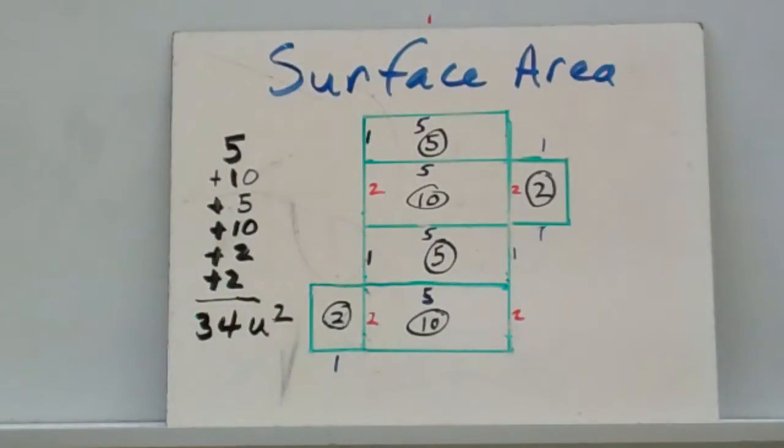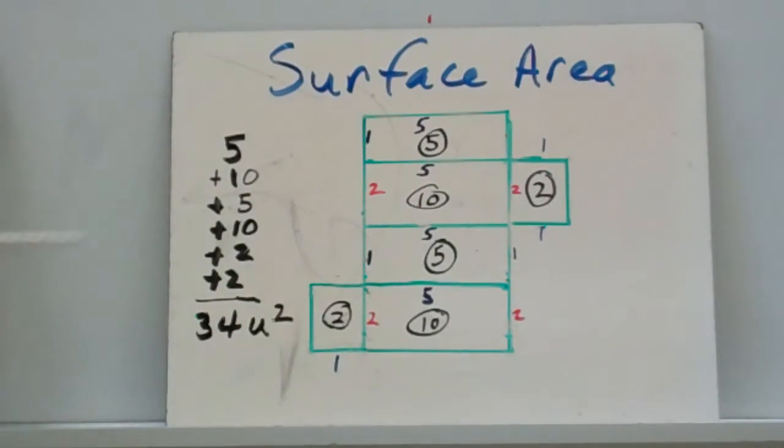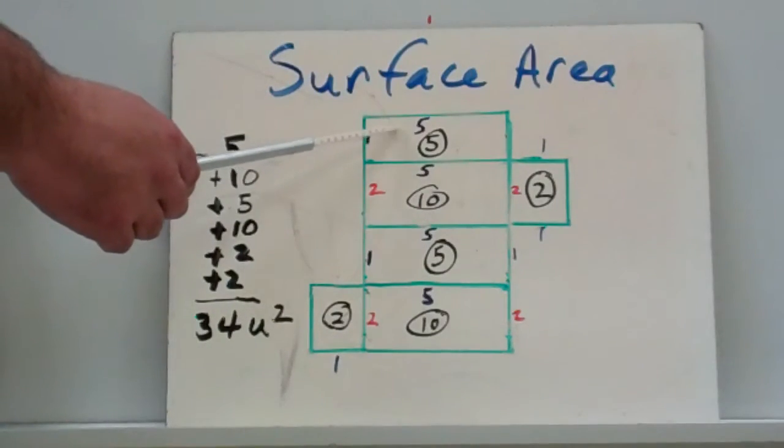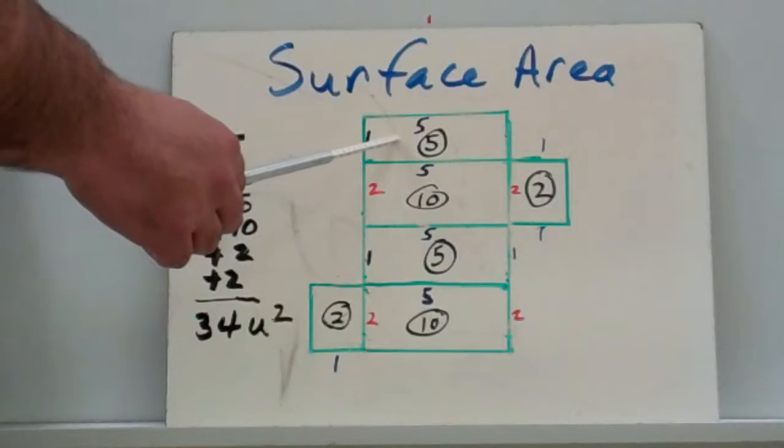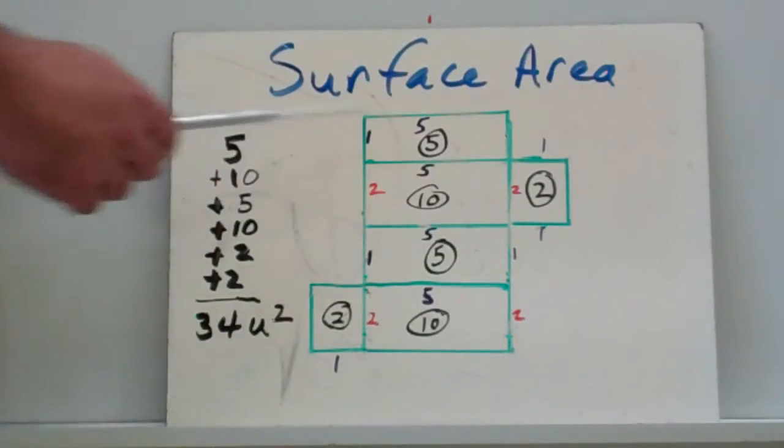So the first example I'm going to give is in a net form. Here we have our length of 5. You can see the long sides are 5. And then we have our varying heights and widths of 1 and 2 respectively. So on this side here, this would be a length of 5 times a width of 1, and so the total area for this face would be 5.